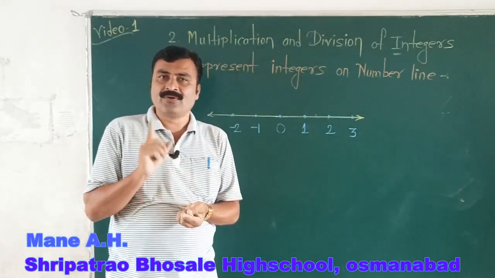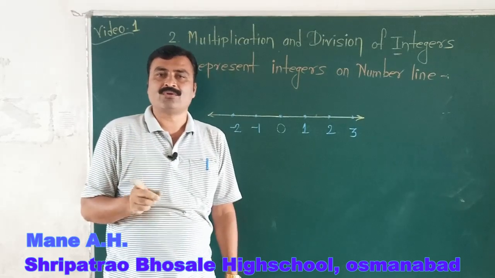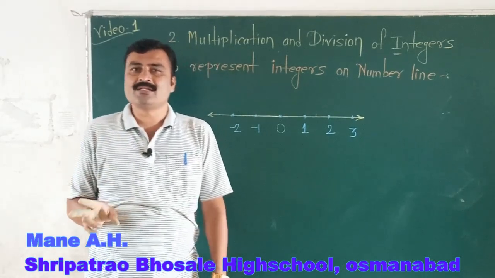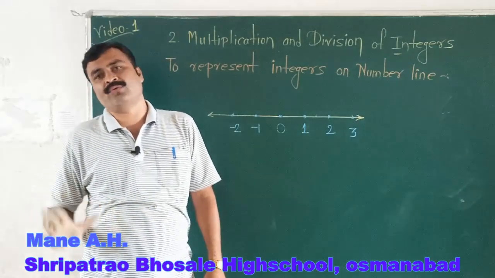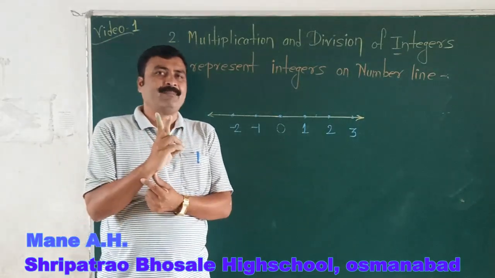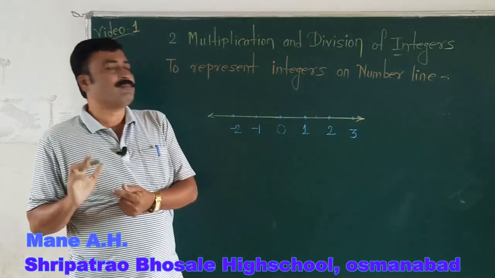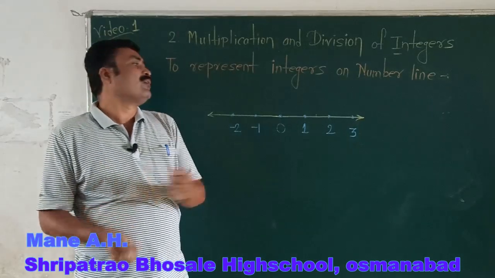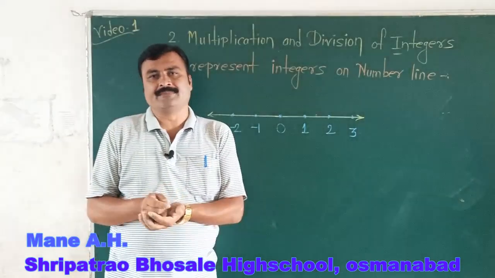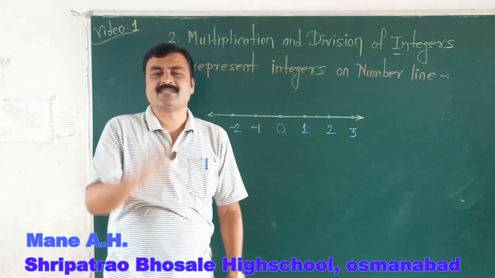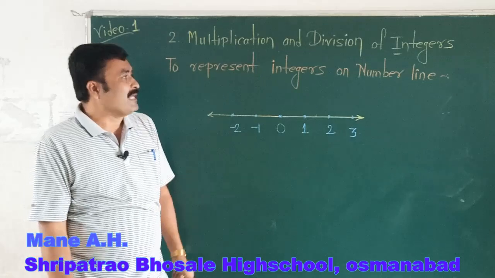The first method, by observation. We have to observe the given integers and say orally which is bigger and which is smaller. And the second method, while making the comparison between given integers, we can make use of the number line. Now orally, here I am stating the steps for the comparison of integers.